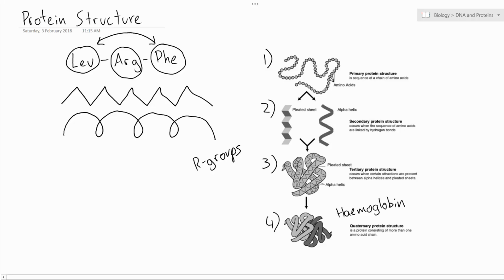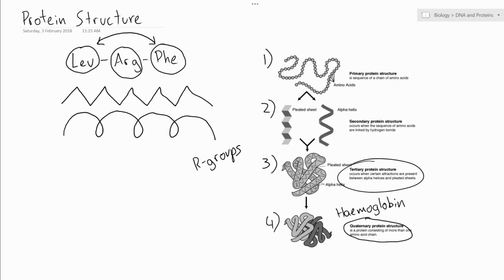Hemoglobin is made up of four different polypeptide chains that have folded at a tertiary level, and then those four tertiary folded proteins combine together to create hemoglobin, which is quaternary because we've got multiple polypeptides folded into proteins joining together.